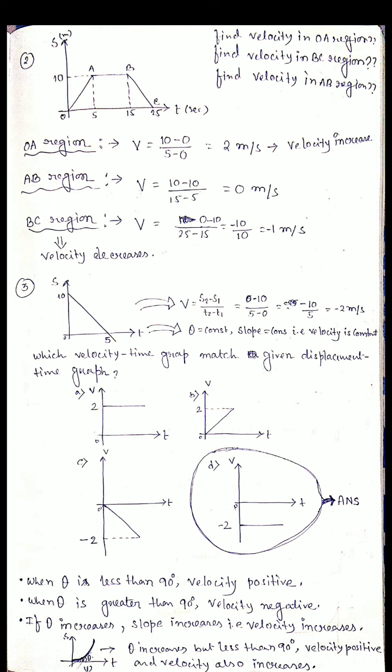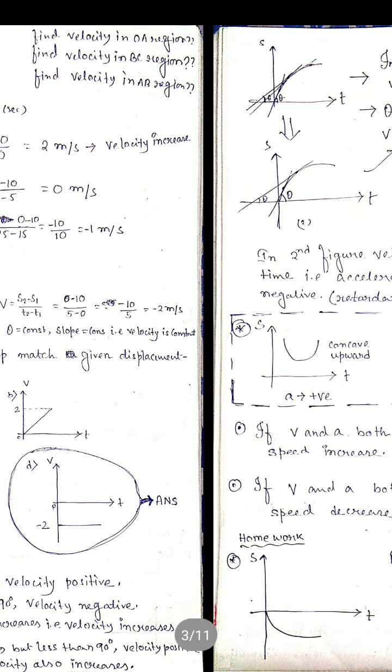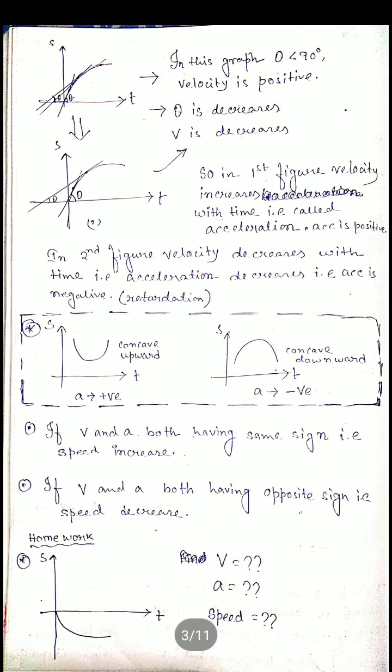We know that change in velocity with time gives us the acceleration, and the velocity is positive, so the acceleration is also positive. In the second figure, velocity decreases with time. That means here also velocity changes, so it gives us acceleration, but since the velocity decreases, it gives us a negative acceleration, which is called retardation.